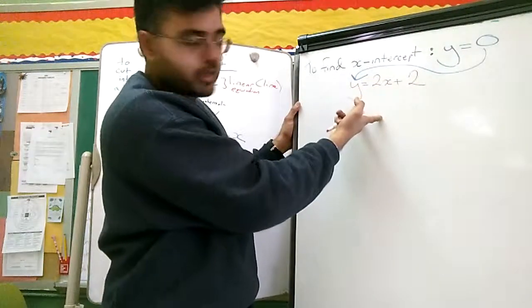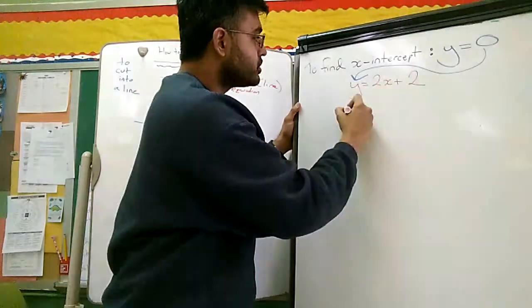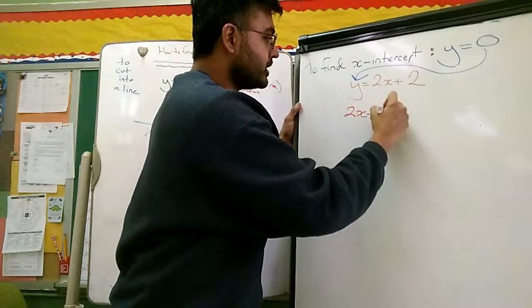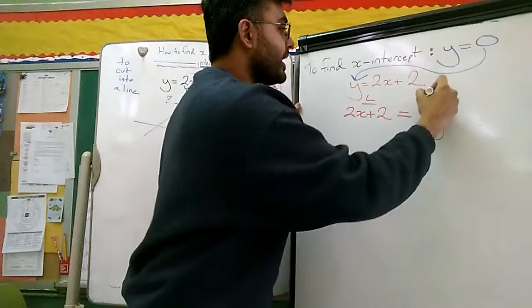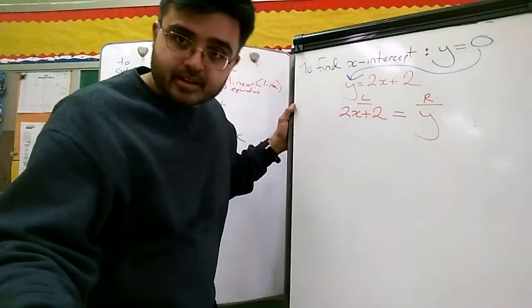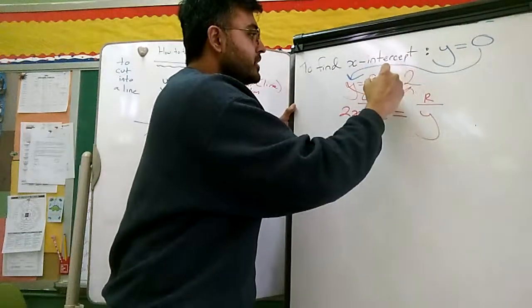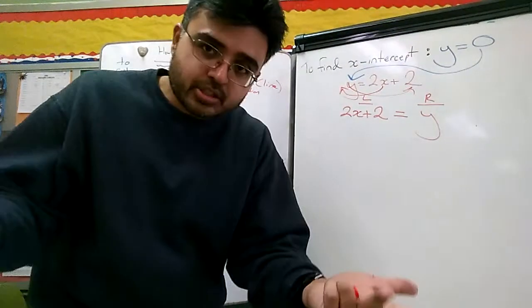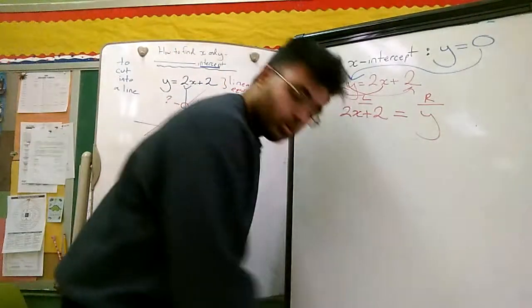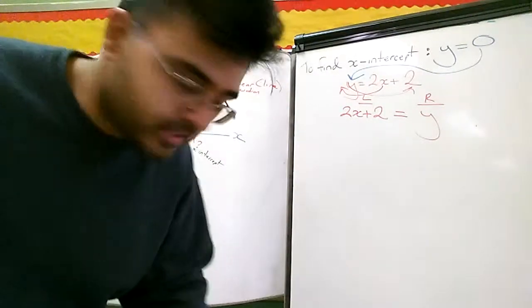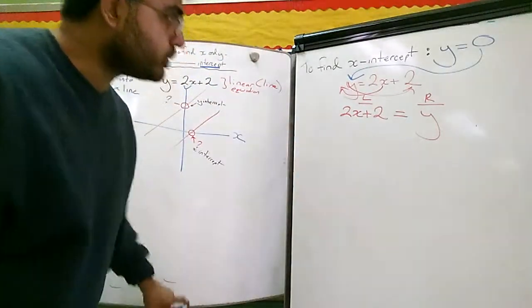It's easier that way. So I'm going to put 2x plus 2 on the left side equals y on the right side. That's it. I just flipped it around. You can do that. It's fine. Why do we do this? It just makes the math easier. And I'll show you right now how it works.